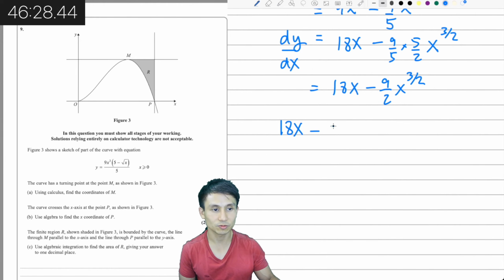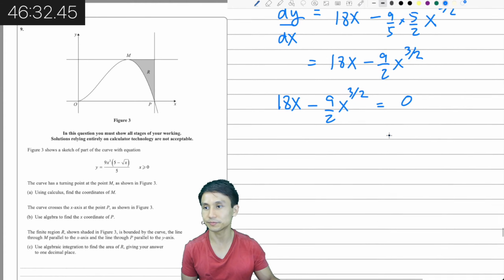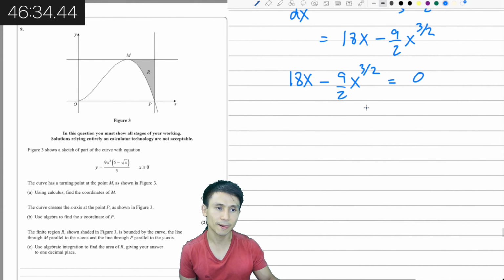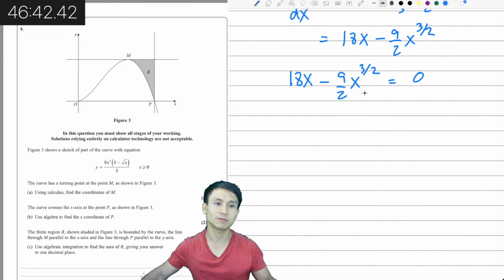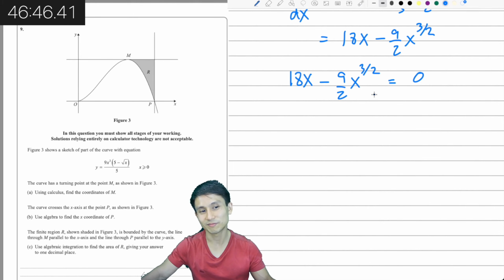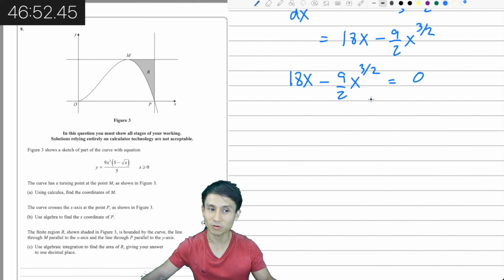So that equals 0. I would maybe multiply everything by x to the power of minus 3 over 2, or you can divide across by x.